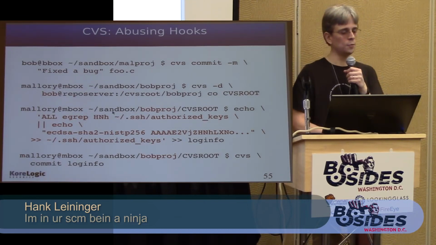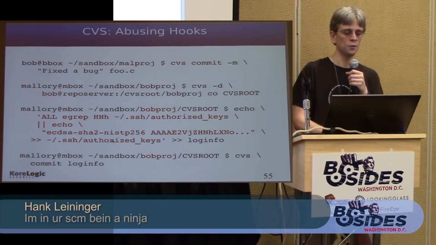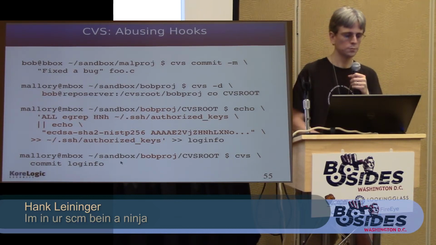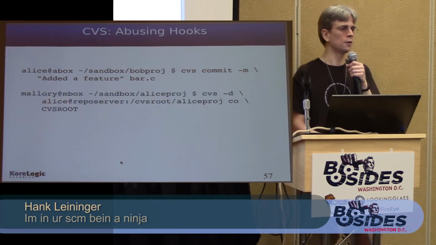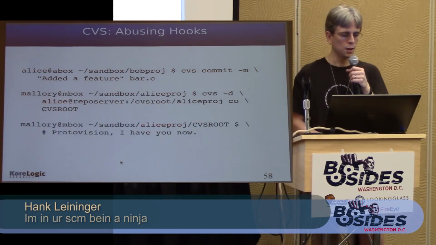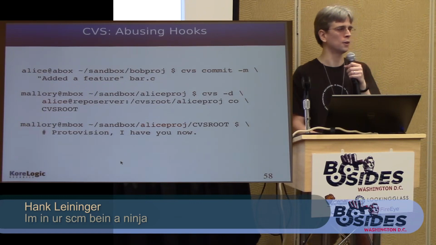Then she does the exact same thing to his repo that she did to hers previously. If her public key is not already in the committer's authorized keys file, add it. And she commits that. Now, Alice, next time she makes a change to Bob's repository, has just added Mallory's public key to her authorized keys. Boom. Mallory now controls Alice's account on the repo server.